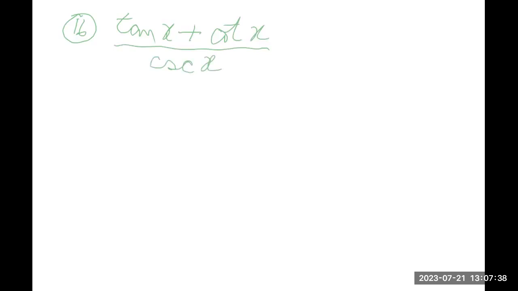And we have to rearrange, manipulate, rewrite this expression in such a way that our end result has an expression containing only cosine x as a trigonometric function. We don't want any other trigonometric functions in the end.